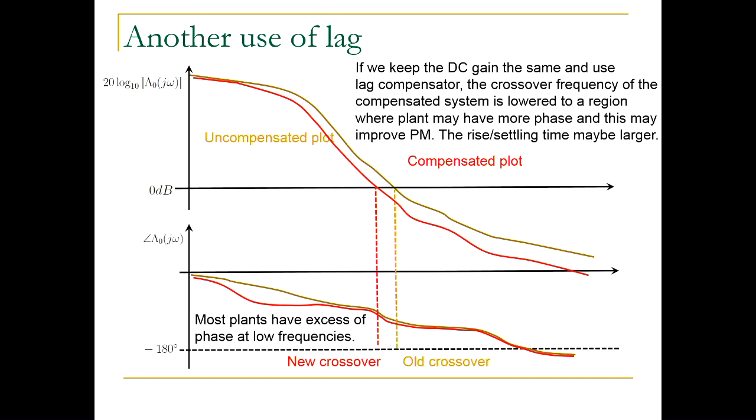Rise time would be increased. That's right. So you will have a more sluggish system. So higher crossover frequency would mean that your system is faster to respond. In some systems, this is not a bad thing, like if you have larger rise time, but in some systems it is. It depends on your application. So potentially, moving the crossover in this way might cause other issues, right? Like a sluggish response.